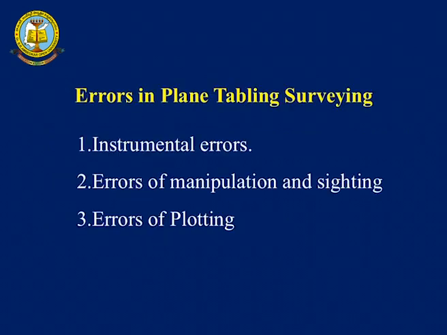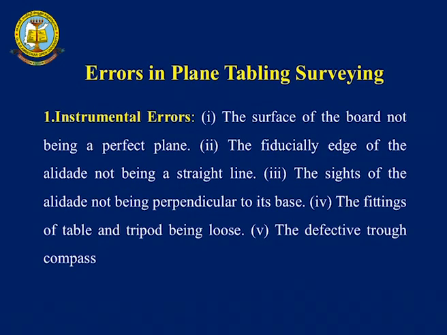Now, there are also errors in plane table survey: instrumental errors, errors of manipulation and sighting, and errors of plotting. Instrumental errors, as you already know, include the surface of the board not being a perfect plane, the fiducial edge of the alidade not being a straight line, the sight of the alidade not being perpendicular to its base, or the fittings of the table or tripod being loose.